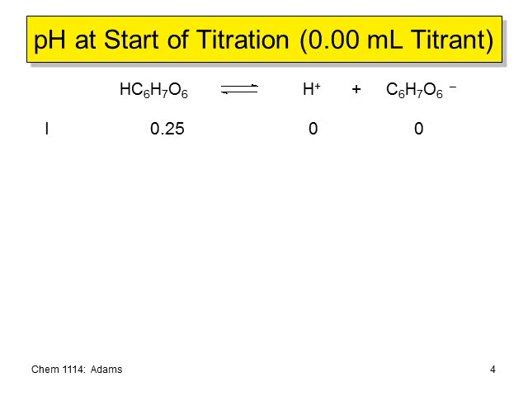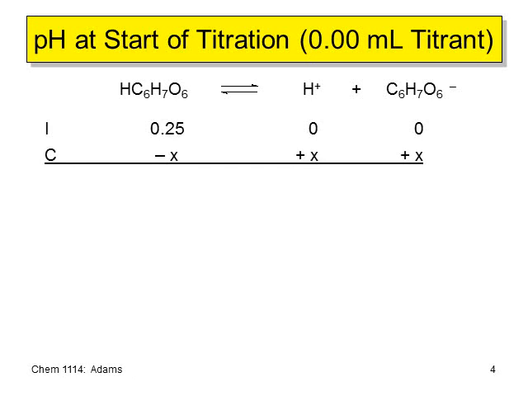So I is our initial concentration of each species in that chemical equation. We're given the initial molar concentration of ascorbic acid, so it's 0.25, and I wrote that down here. And the hydrogen ion and the anion associated with the weak acid are both going to be 0 when we start out.